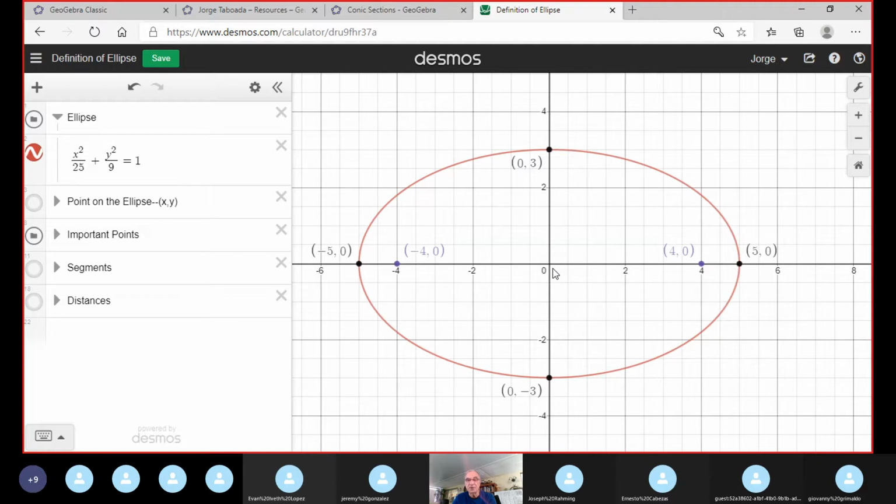And what is the focal distance? The focal distance is 4. And the foci, because it's plural, always lie on the major axis. Suppose that you put it here, it's wrong.